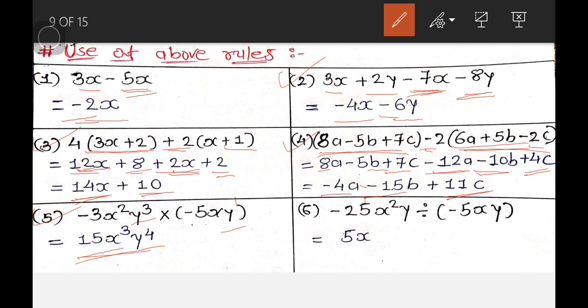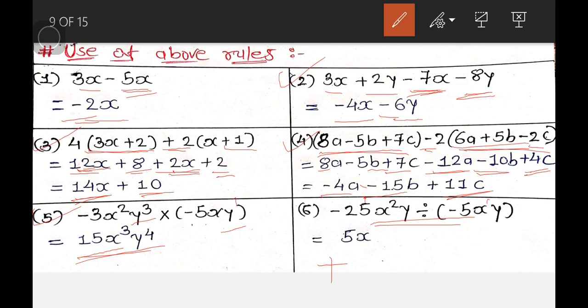Now in the last example, minus 25x square y divided by minus 5x y. You can see that the two terms have the same sign, then we put a positive sign here. Now 25 divided by 5, then we get 5. Now x square, and here given x raised to 1. As we know that in division we do subtraction of the powers of variables.